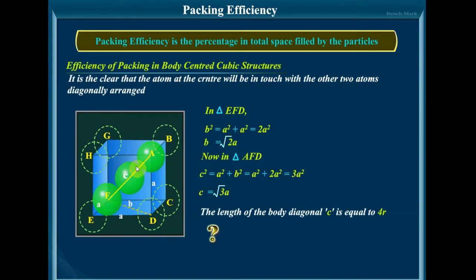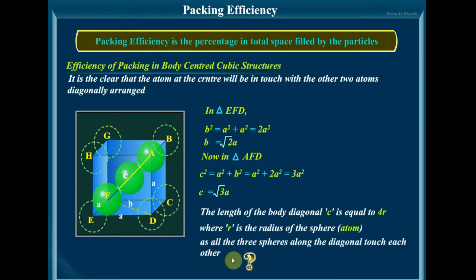The length of the body diagonal c is equal to 4r, where r is the radius of the sphere, as all 3 spheres along the diagonal touch each other.